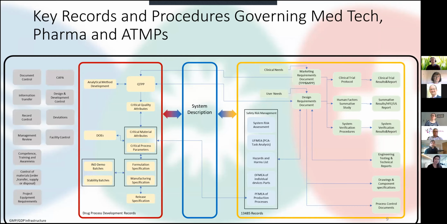The system overview, which is really important in terms of if you're combining pharmaceuticals, devices, and advanced therapy, be that tissues, genetic modifications, or whatever. So it's very important to actually take an overall view from a quality perspective. And out of this picture, we'll create the facility control, material control, and various other aspects that are needed.